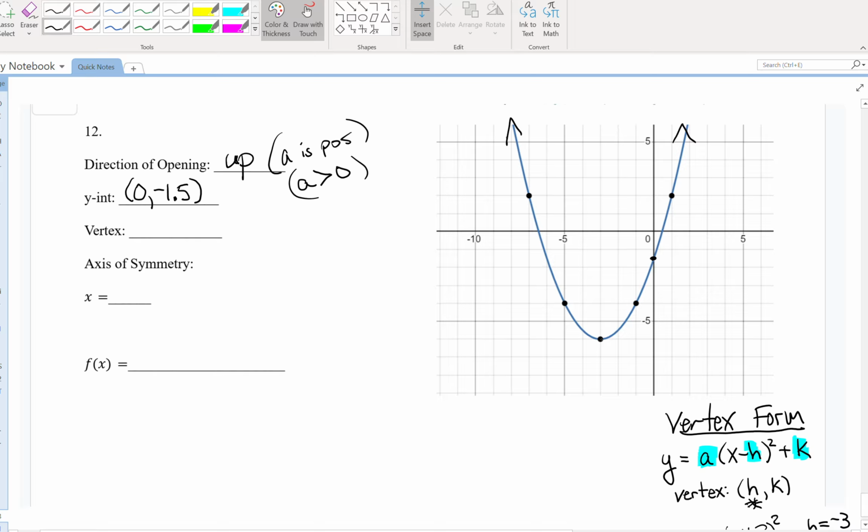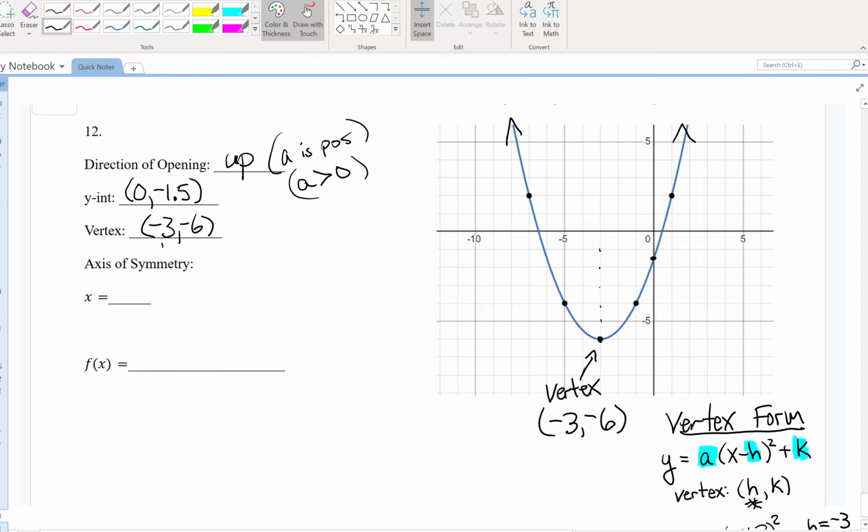The vertex, I can just read right off the graph. This is the vertex, and it is the point: over to -3, and then it goes down 1, 2, 3, 4, 5, down to -6. So my vertex is (-3, -6).